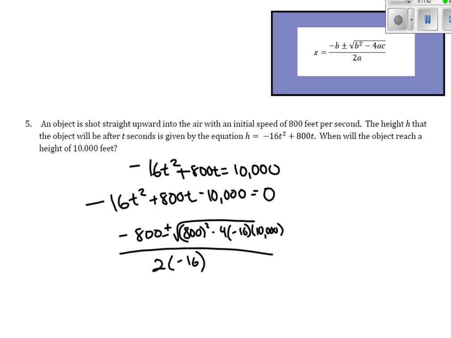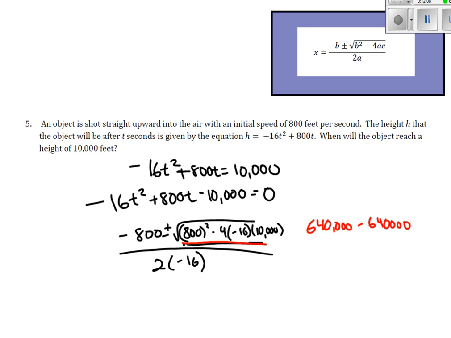So the first thing I'm going to do when I see big numbers like this, I'm going to check and see, because if that's a negative underneath there, there's no solution. So that's what I'm going to check. So 800 squared is going to be 640,000. So I take 4 times 16 times 10,000. I get exactly that.